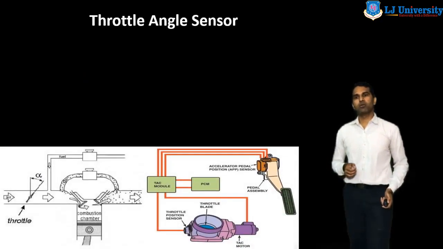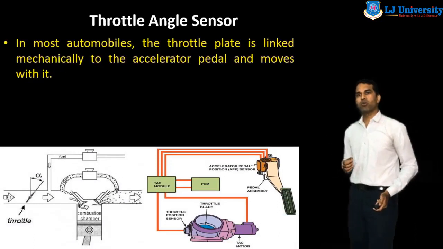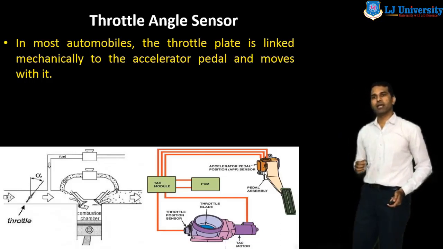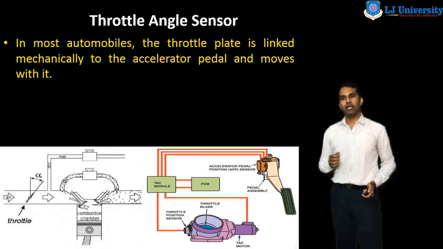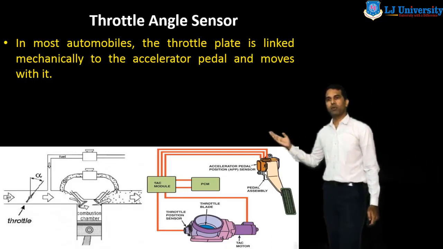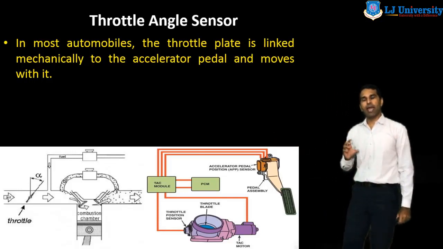Now we discuss the throttle angle sensor. In most automobiles, the throttle plate is linked mechanically to the accelerator pedal and moves with it. So on the left hand side we can see the throttle plate and the alpha that indicates the throttle angle.